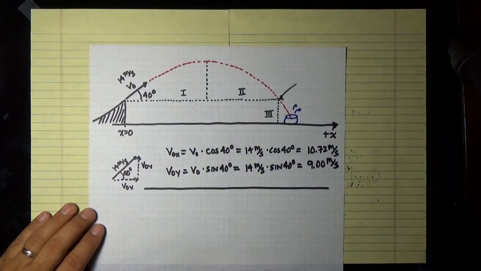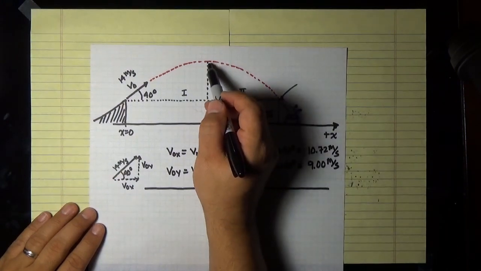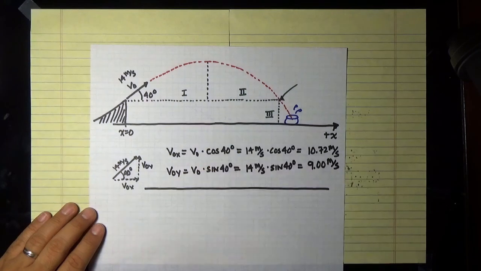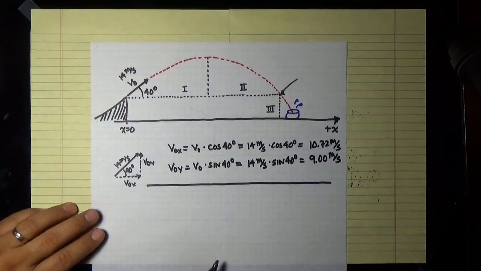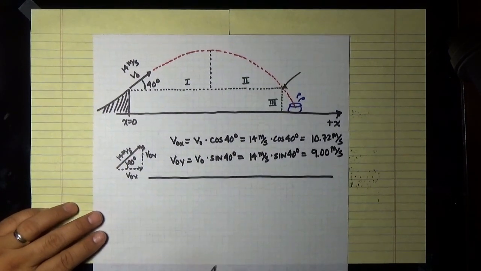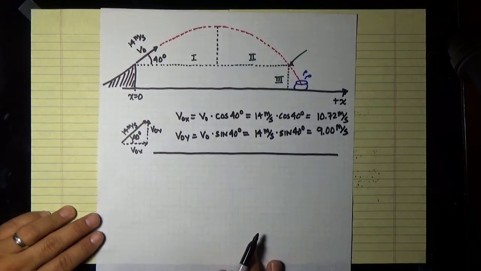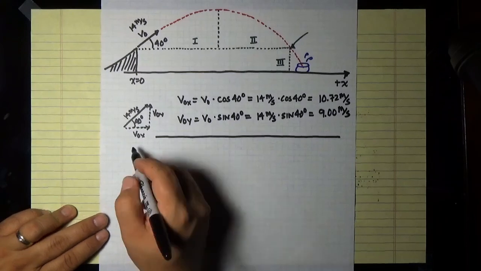Okay, so now let's do the first bit of the problem. I'm going to solve the kinematic equations to find out how long it takes me to get to the top here, and also how far I travel. Okay, so I'm going to go ahead and do that. So I'm going to write out the kinematic table. This is a two-dimensional problem, so there are two kinematic tables, one for x motion and one for y motion.